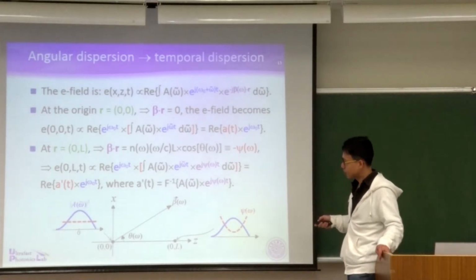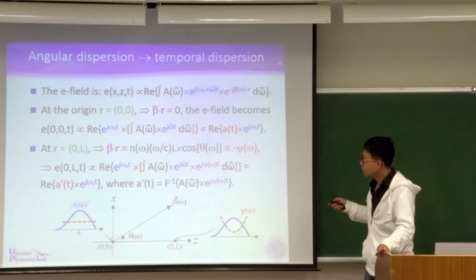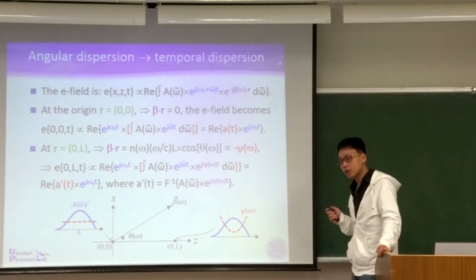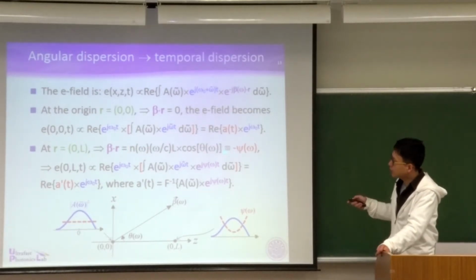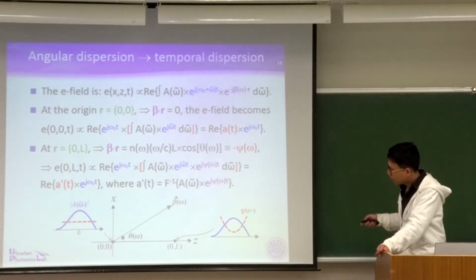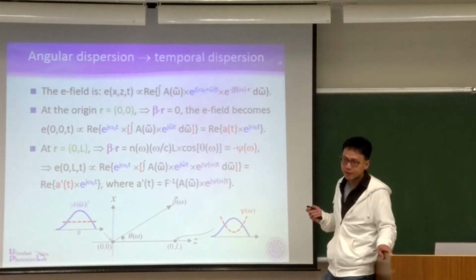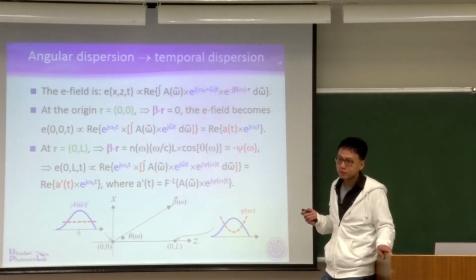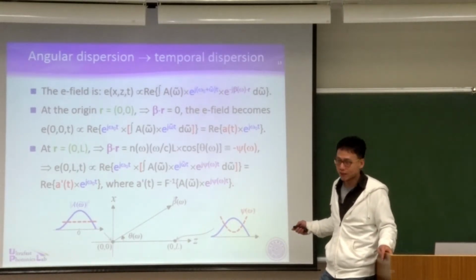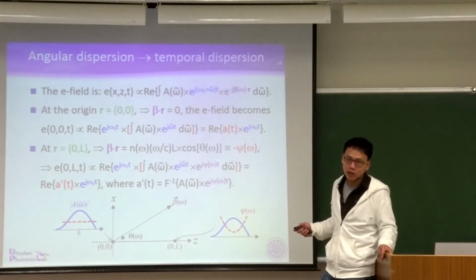So represented here, the power spectrum does not change. But because of this term, beta dot r, in the presence of angular dispersion, beta dot r is no longer 0. So you will have a nonlinear function of spectral phase modulation. So of course, now you are familiar with the impact, right? If this is a parabolic function, what happens?